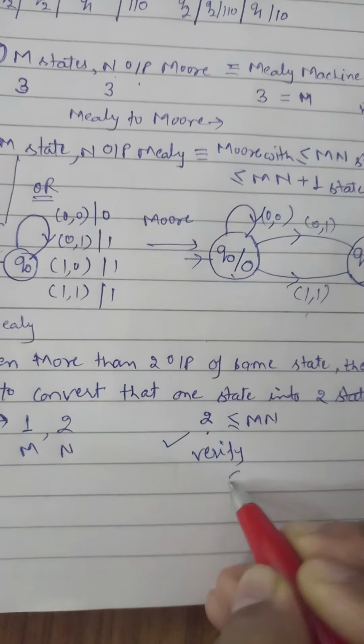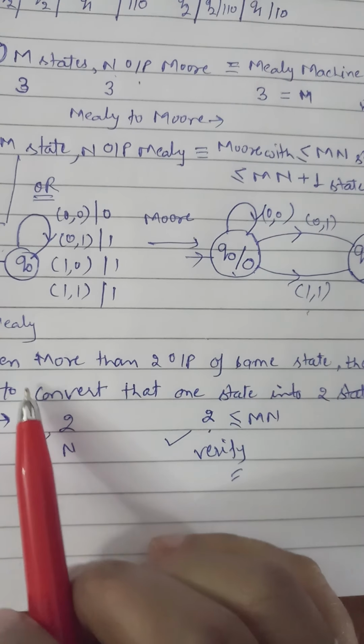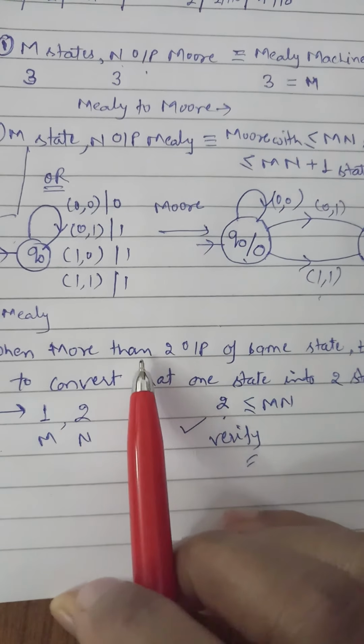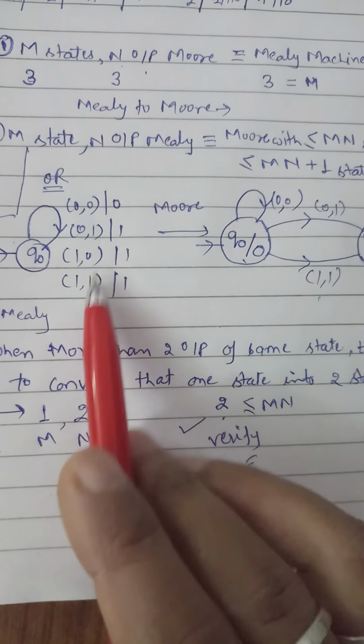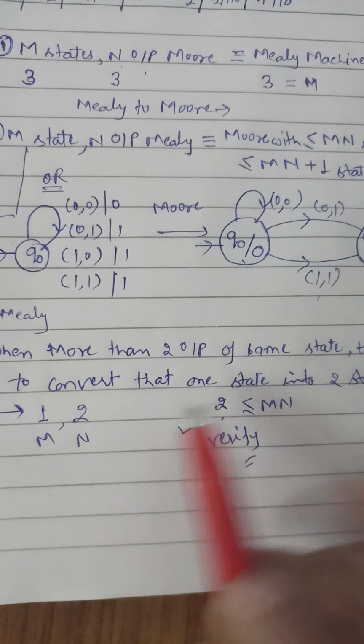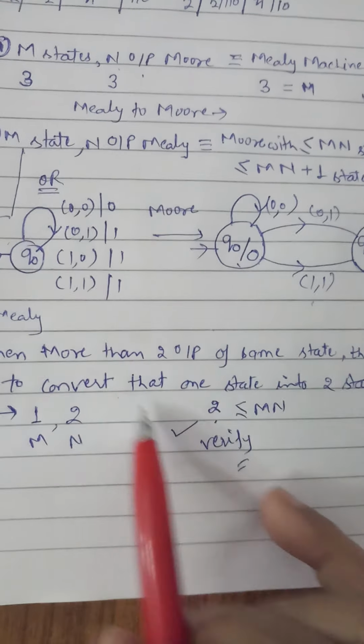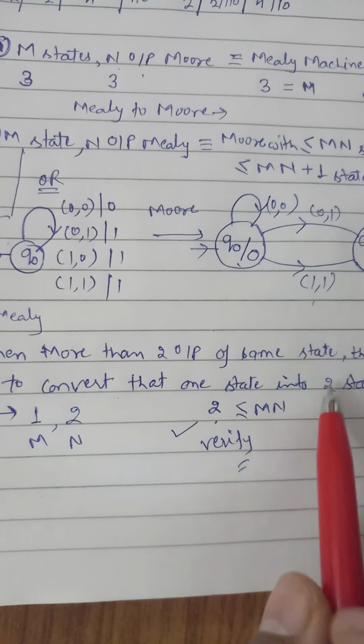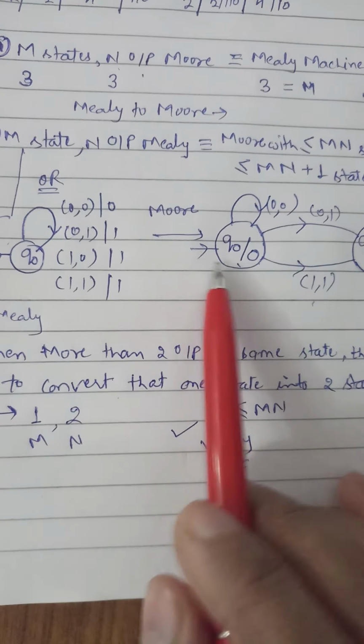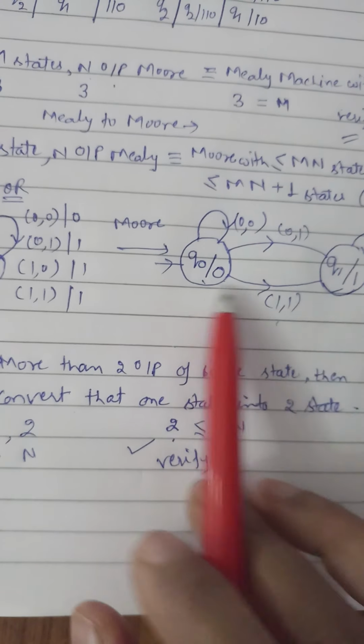So this is true. As we write here, when more than two outputs of the same state come, then there is a need to convert one state into two states. That's why we convert that one state into two states in the Moore machine.